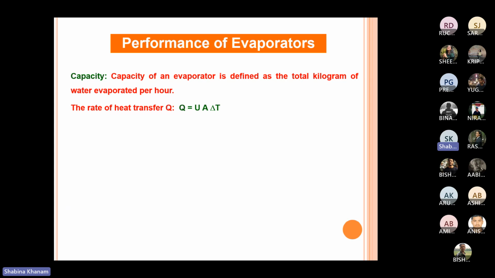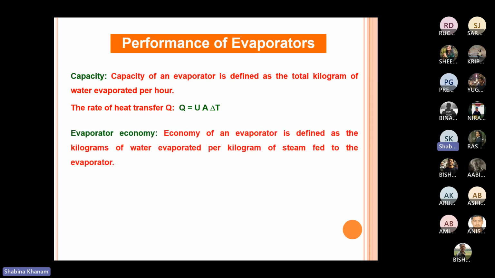As we are discussing this equipment as heat transfer equipment, we have the basic equations like Q = UA delta T and M lambda, M Cp dT, and all these equations will be used here as well. In that way you can define the capacity.